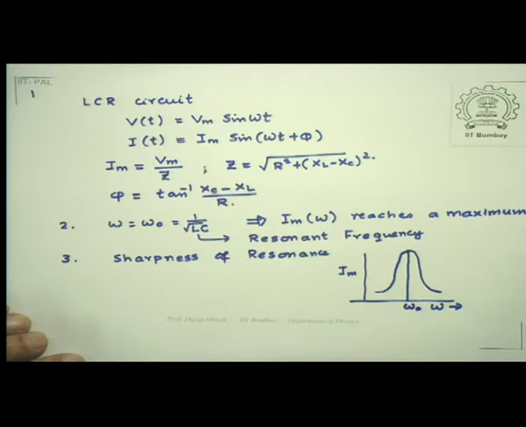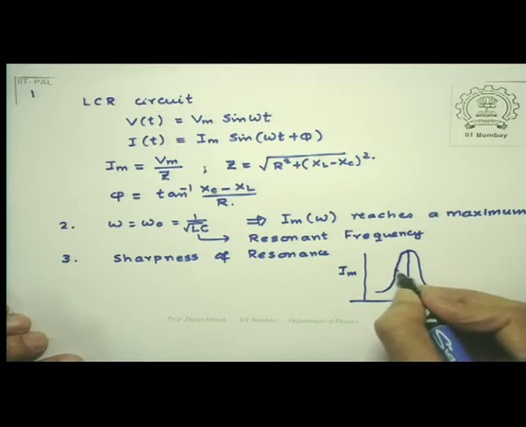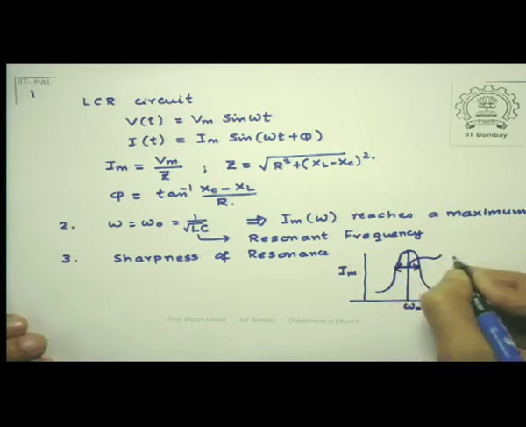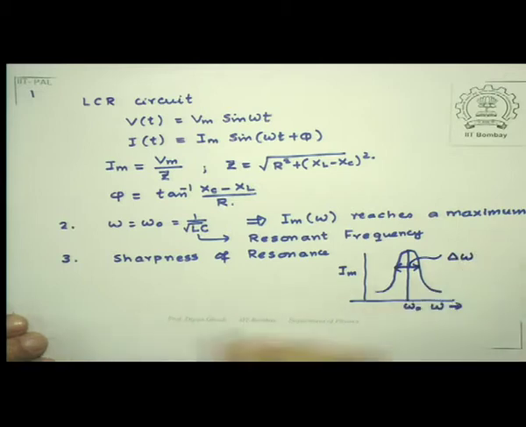So what we look for is the points where the power delivered to the circuit becomes half, and the full width at half that maximum. This is what is our definition of 2 times delta omega.